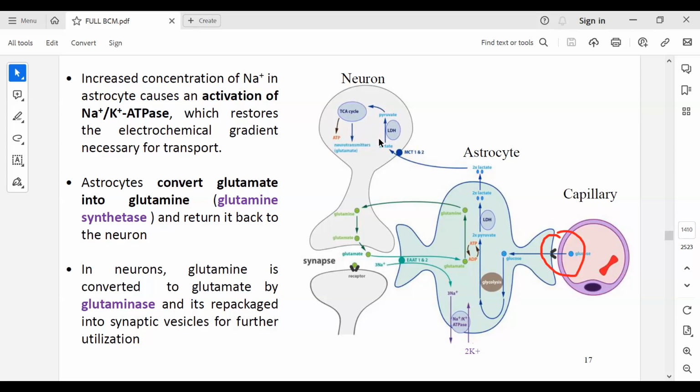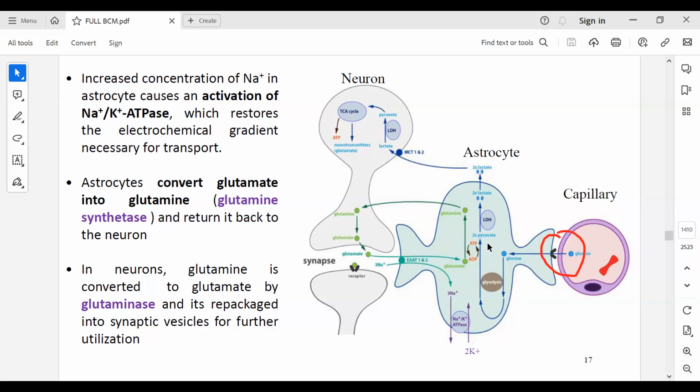From the TCA cycle, we've seen that we can get glutamate, oxaloacetate. So many neurotransmitters can also be made from the TCA cycle, because neurotransmitters are just made from some of these amino acids.